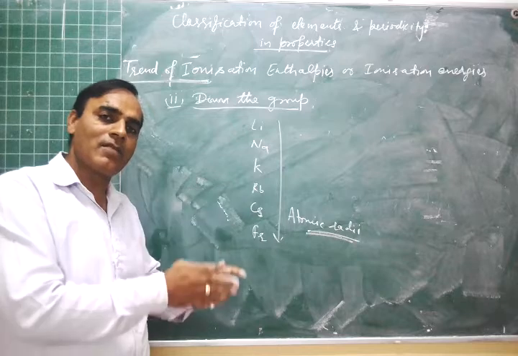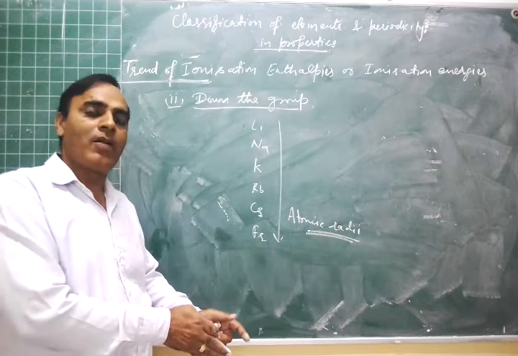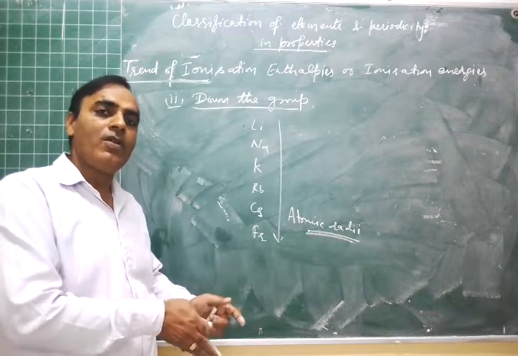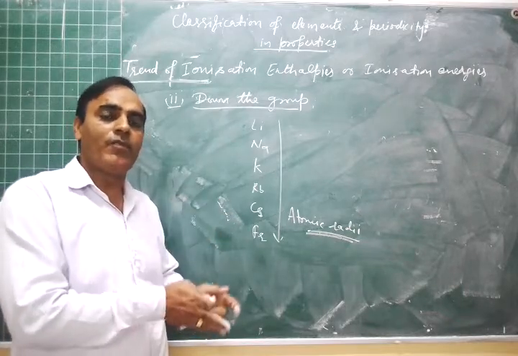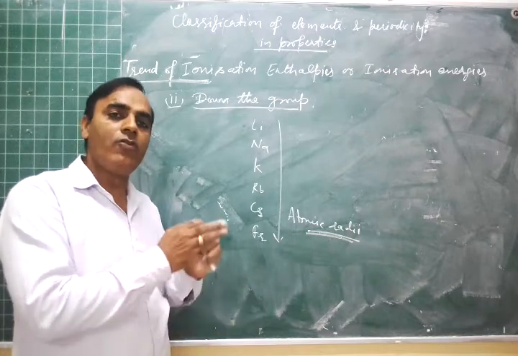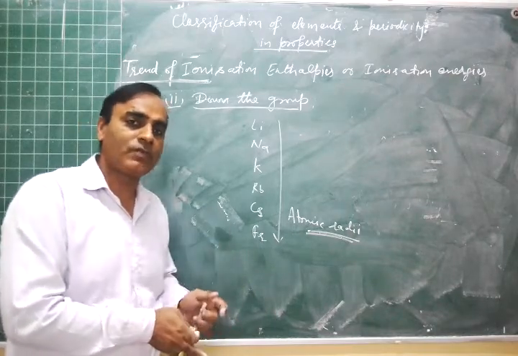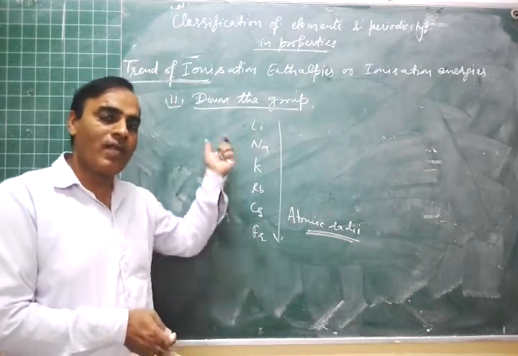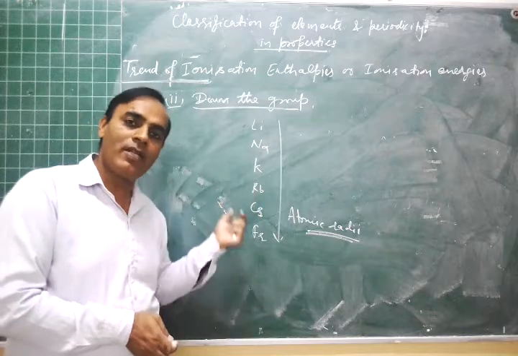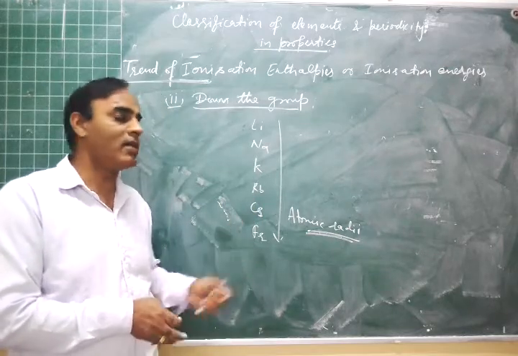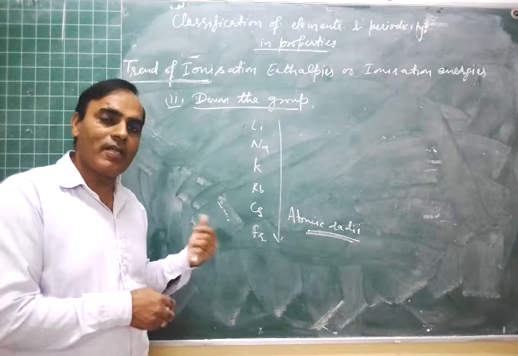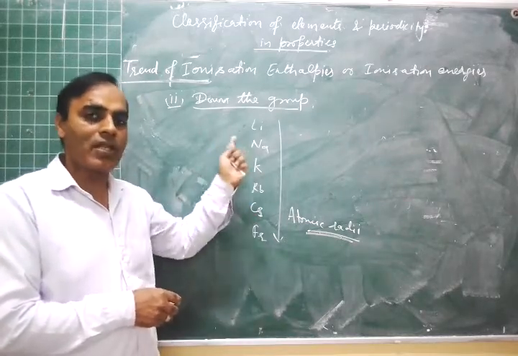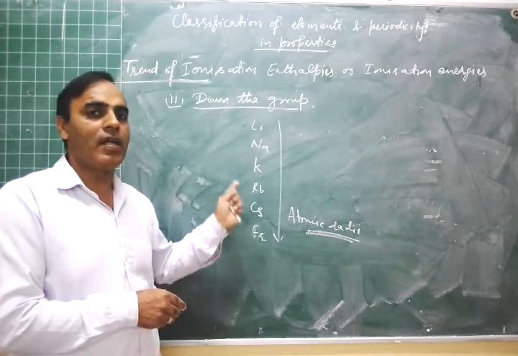Due to decreasing force of attraction, the energy required to remove the last shell electrons from these atoms also decreases, right? And the energy required decreases as we move down the group. So we can say that the ionization enthalpy decreases down the group, right?